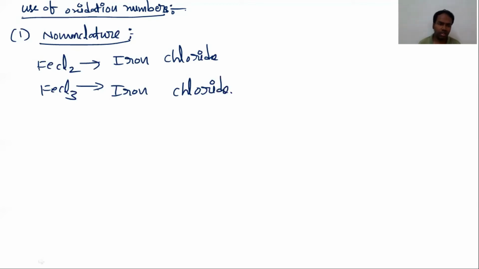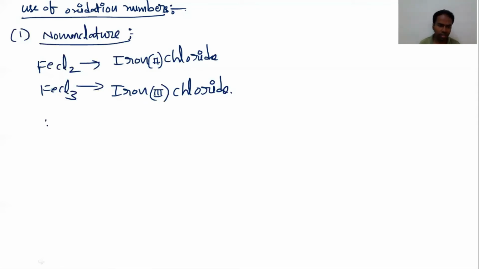But where do these two compounds differ? Here the iron oxidation state is plus 2, so we mention the oxidation state in Roman numerals within parentheses, in brackets. Here the iron oxidation state is 3, so we write the Roman number 3 within parentheses. So this is iron(II) chloride, this is iron(III) chloride.